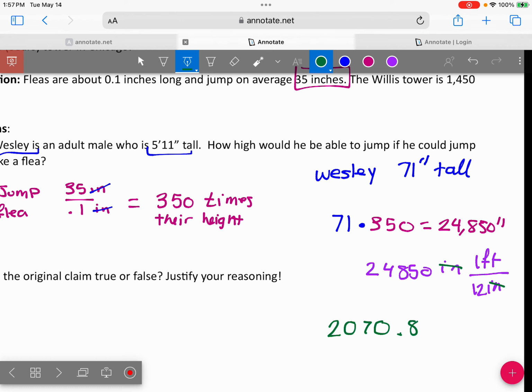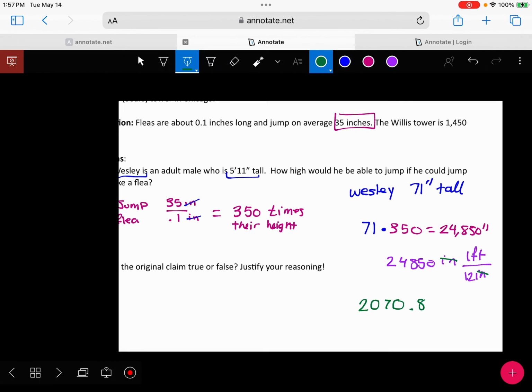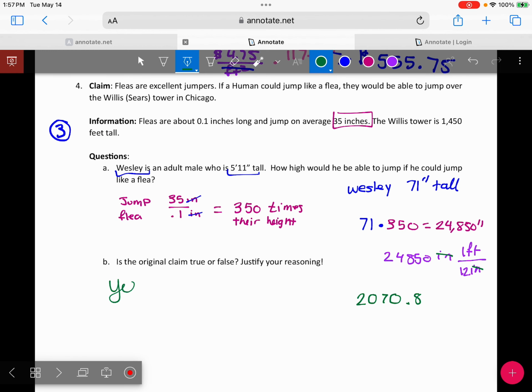So would he make it over the Willis Tower? Yes. So that would be our answer, and then our justify is he can jump 2,000 feet.